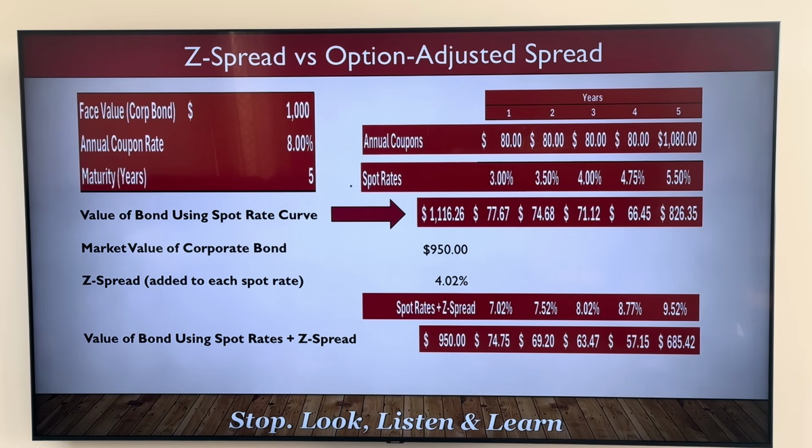Well, that rate that we add to each of those spot rates is what we refer to as the zero volatility spread, or the Z spread for short.